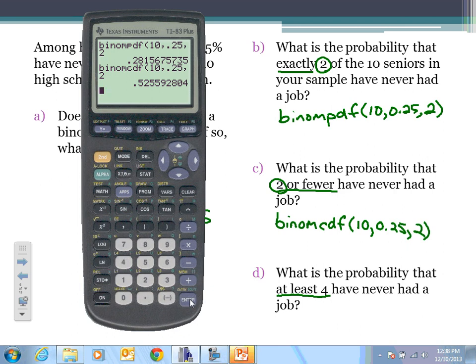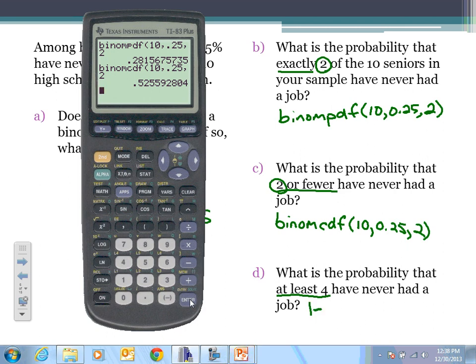But if I think about at least and at most, those phrases are really complements of each other. So I actually can use the CDF. I have to use it in the context of a complement, however, right? If I'm saying at least 4, well, that's the complement of at most 3. So I'm going to use the binomial CDF and then subtract that from 1. Here's what our work is going to look like.